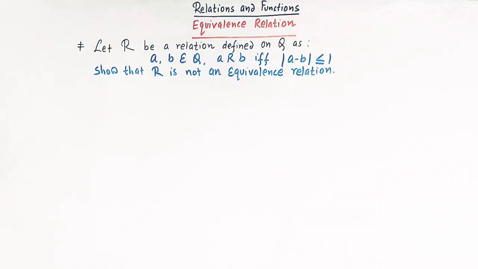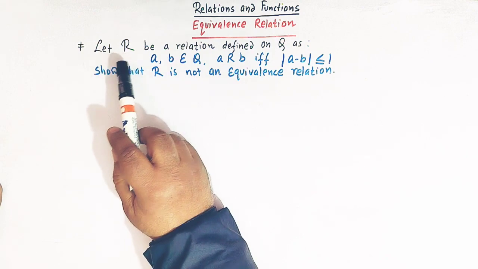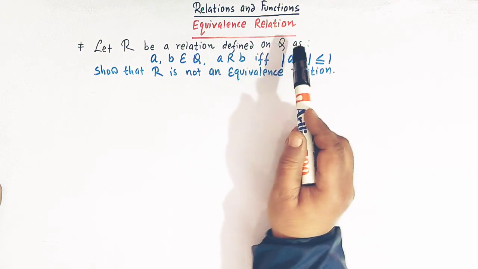Hello viewers, in today's class we are going to discuss an important problem from relations and functions related to the concept of equivalence relation. Here we are given a relation R defined on the set of rational numbers.